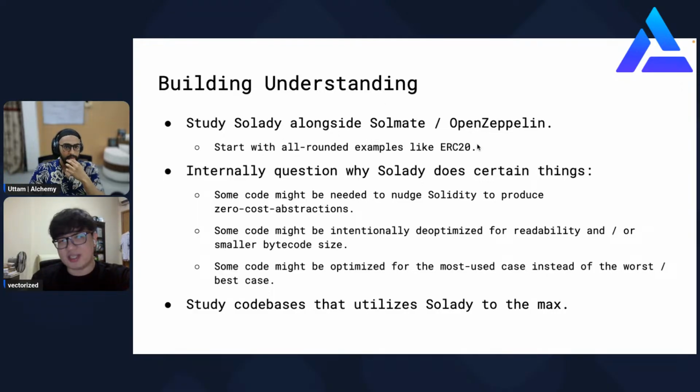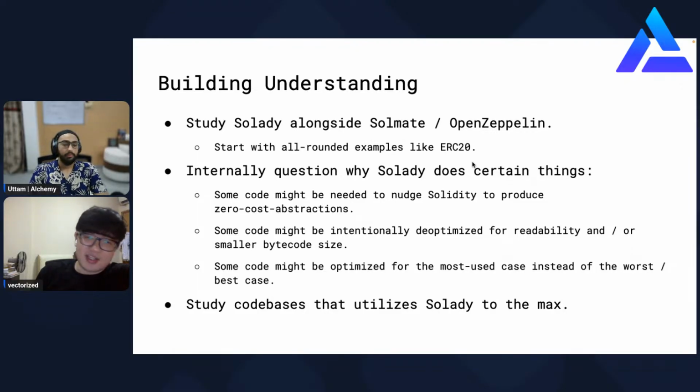I would recommend starting with examples like ERC20 because it touches events, it touches storage, I think precompiles, it touches pretty much everything. So I think ERC20 is not too difficult as an introduction, and it covers a lot of topics.